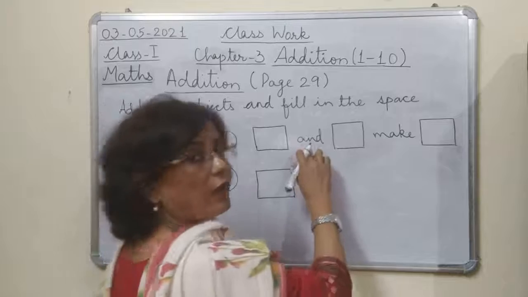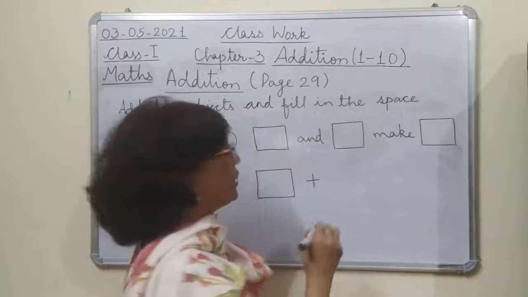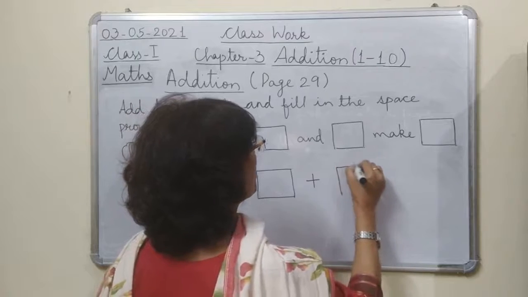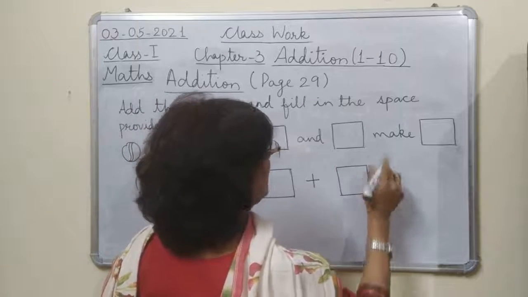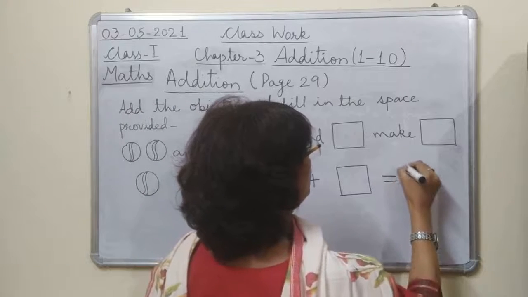So in place of and, we use the sign of addition, symbol of addition, that is plus. And in place of make, we use the symbol is equal to.